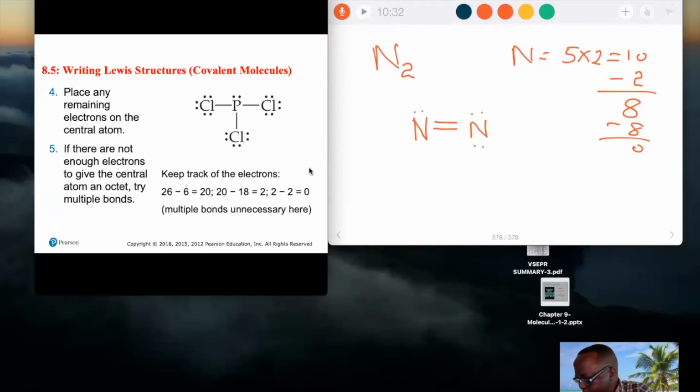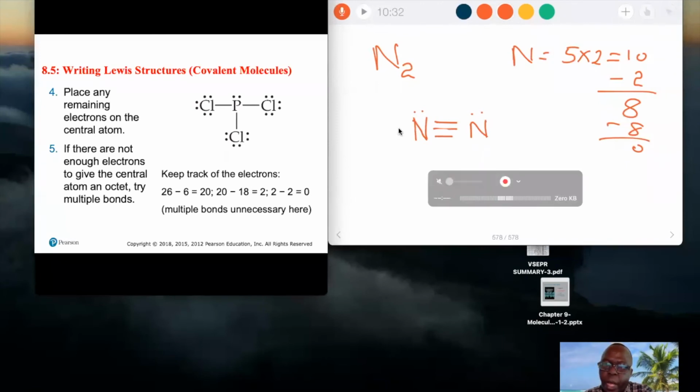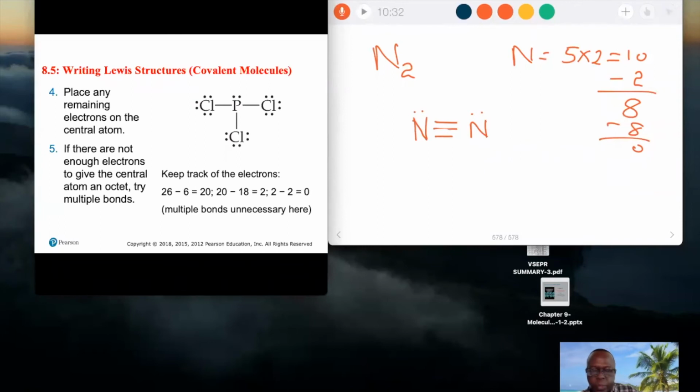So I will use electrons from the second, and then get rid of that. If you look at the first nitrogen and second nitrogen, 1, 2, 3, each one of them has 8 electrons. So it's just playing around with the octet rule. This is when it is necessary to form a what? A multiple bond.